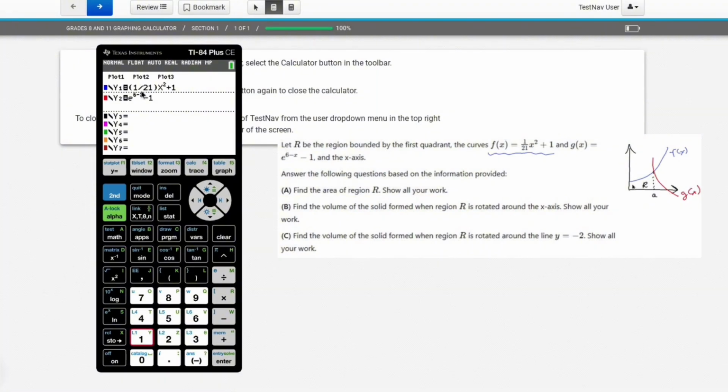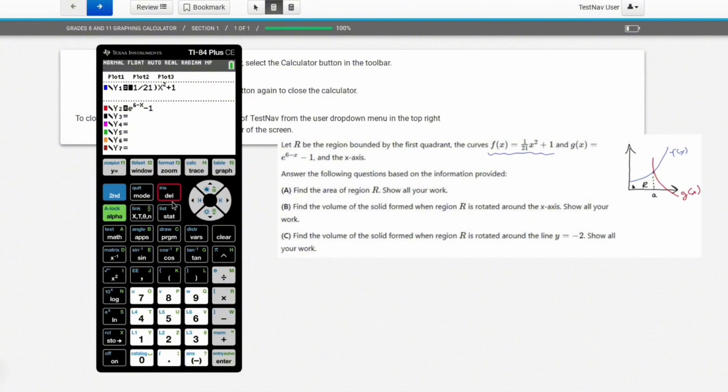The reason I'm rewriting it in its original form is I want to show you how we can manipulate it so that it's not so bad and I don't have to clear everything and rewrite everything. So if I wanted to make these pi times the functions squared, I'm going to go to second, insert. I'm going to hit pi. Hold on, let me go back. Let me delete it.